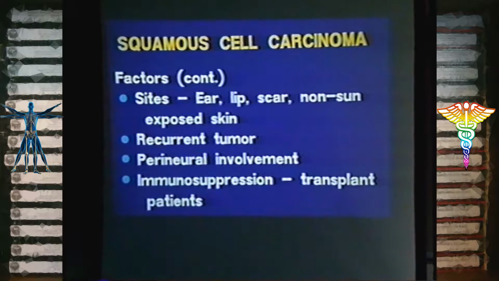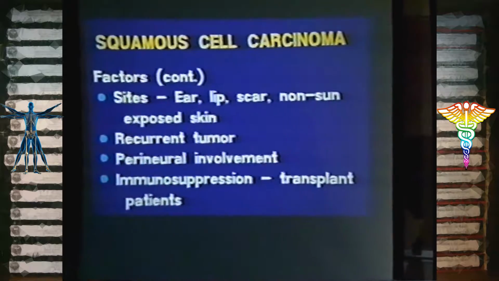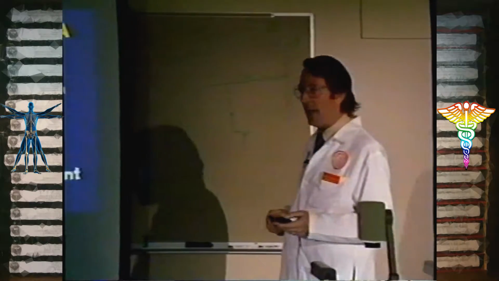It would be a real shame if somebody survives their transplant and dies because they developed a metastatic squamous cell carcinoma. So what I'm trying to say to you is, you must follow patients, fair-skinned individuals. You have to follow their skin if they are on transplant medication.